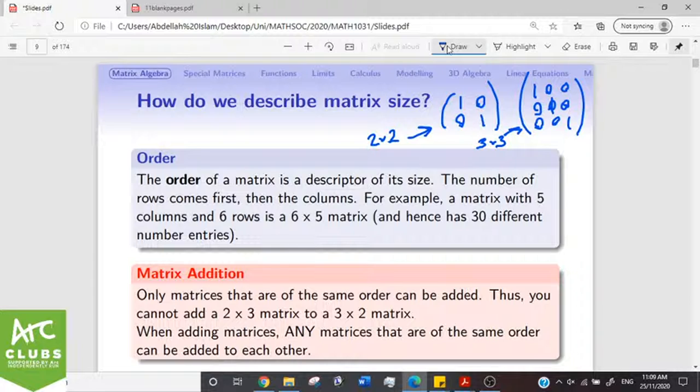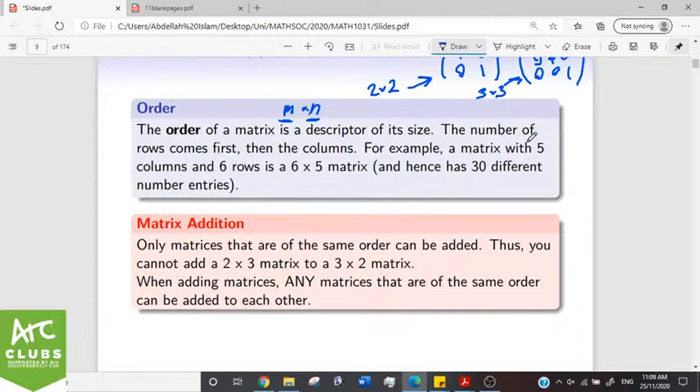In general we say m by n, where m is the number of rows and n is the number of columns. That's how we classify a matrix's size.